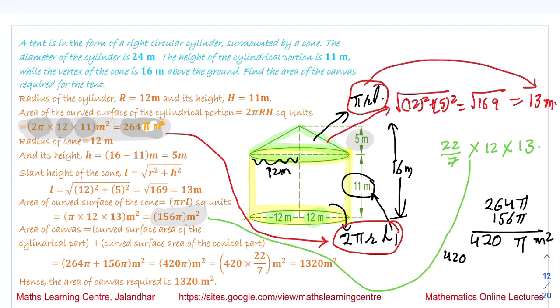So 420, pi is now 22 by 7, and these two values get cancelled, you get 60. So the final answer you will get is 1320 meter square. This is the area of the canvas required to make this tent.